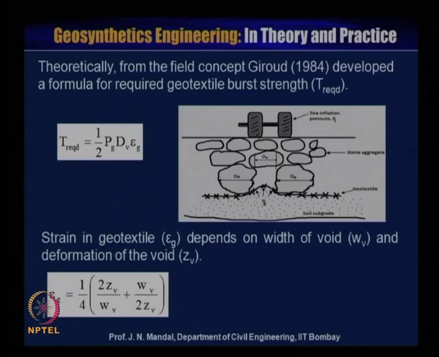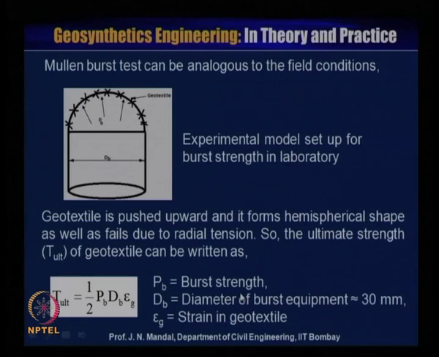So, this strain you can calculate with this equation, epsilon g is equal to 1 by 4 into 2 Zb by Wb plus Wb by 2 Zb. Here Zb is the deformation of the void, and Wb is the width of the void. So, you can calculate what the strain value, that means epsilon g, should be. Now, the burst test can be analogous to the field condition.